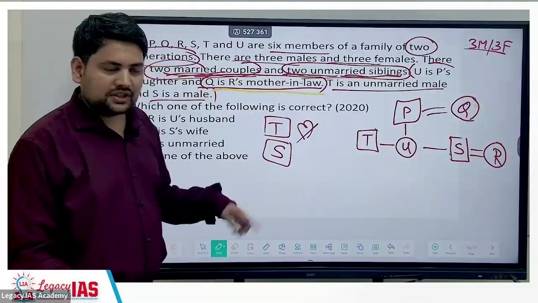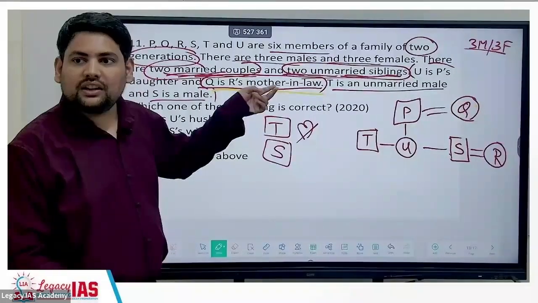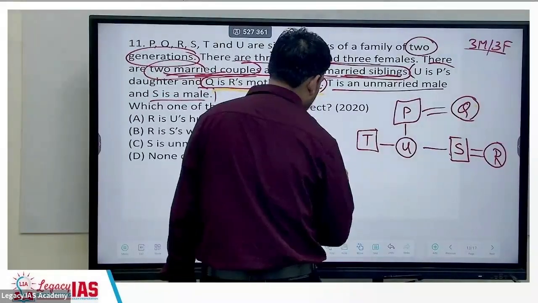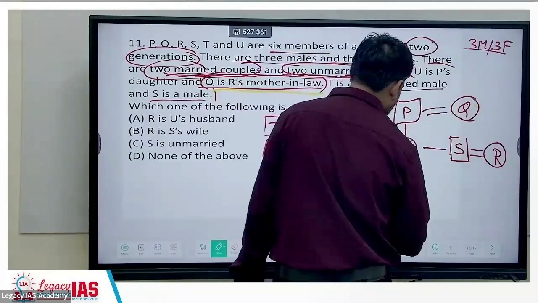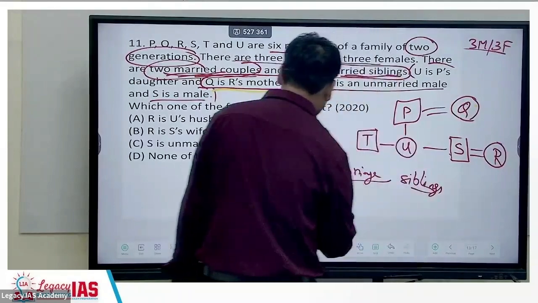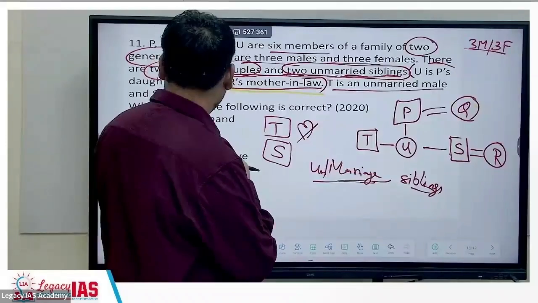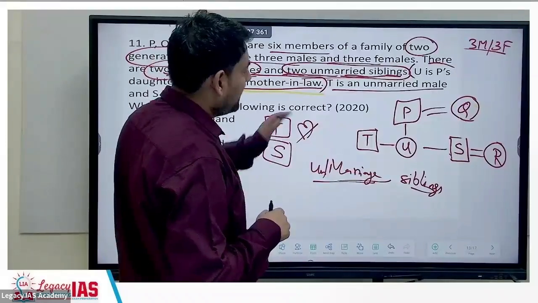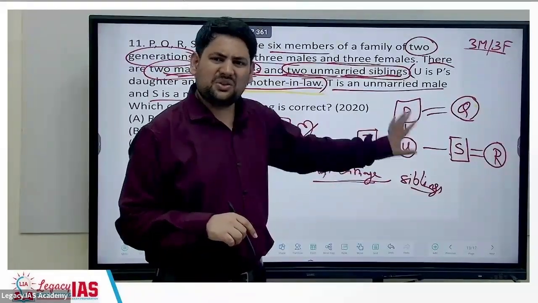As I told you, if you see here, what they have done, they have given 2, 3 other things also. Like they have given marriage. Okay. They have also given all these siblings and married, unmarried. And what they have also introduced is a family of two generations. So this becomes a bit too tricky. That's why don't attempt them.